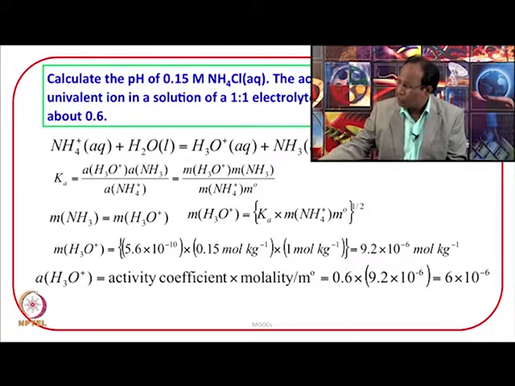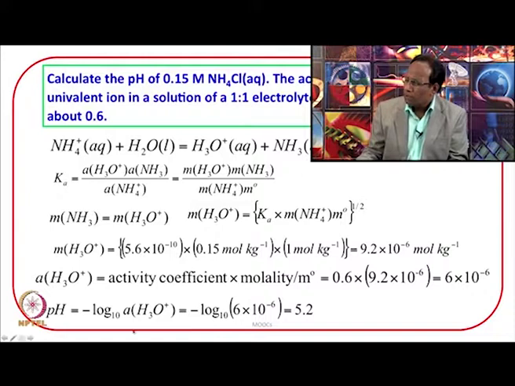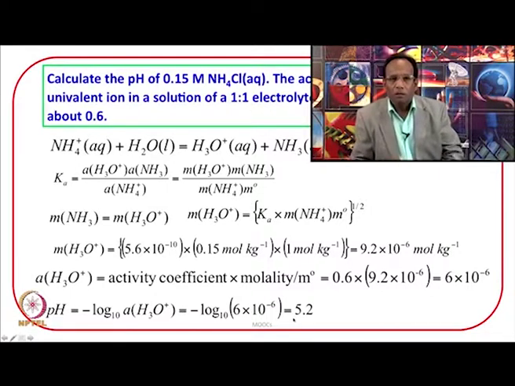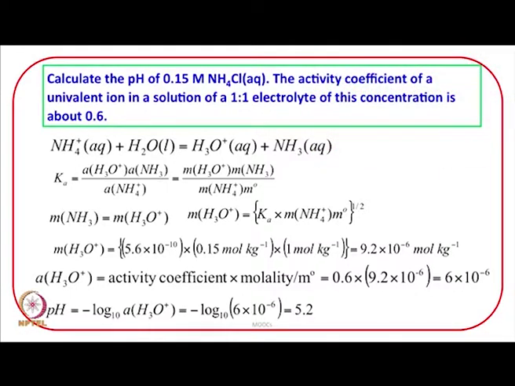Once you substitute this activity into the definition of pH, pH is minus logarithm of the activity of hydronium ion, and by solving this you get an answer of 5.2. So, pH turns out to be 5.2.